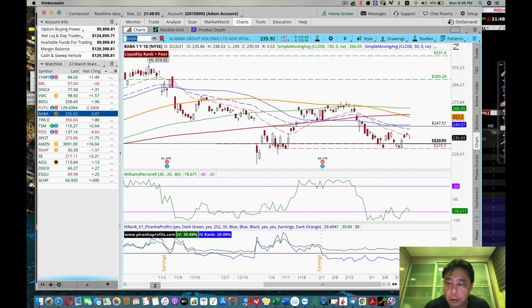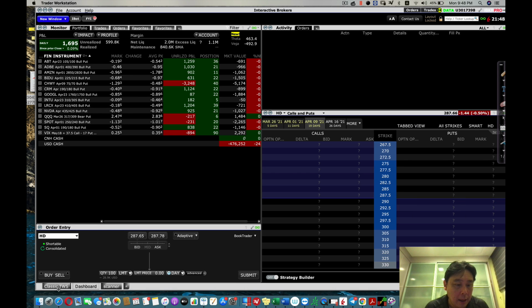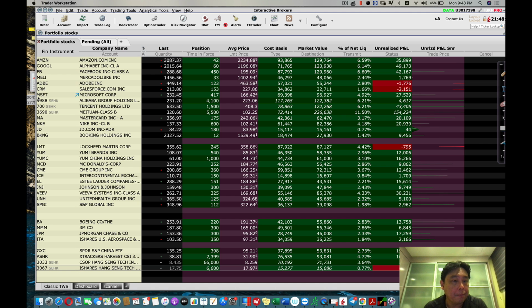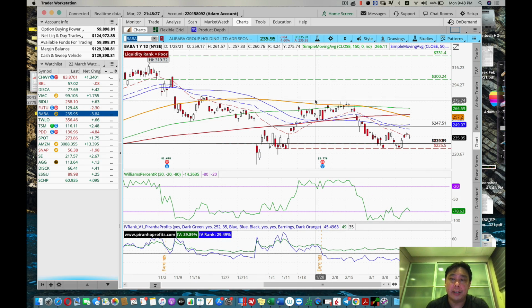In fact, if you take a look at my account, you can see that I do have Alibaba, but I've got the Hong Kong version there, 9988 Alibaba. You see I've got about 120 grand on Alibaba. So long term, I'm bullish on Alibaba. It's going up, I'm going to make a lot of money, right? But short term, it still may go down because it's a downtrend.